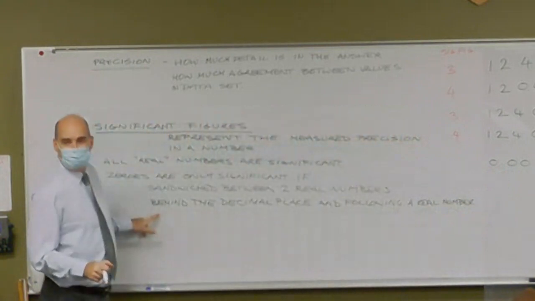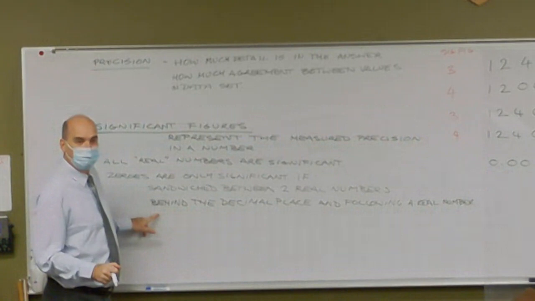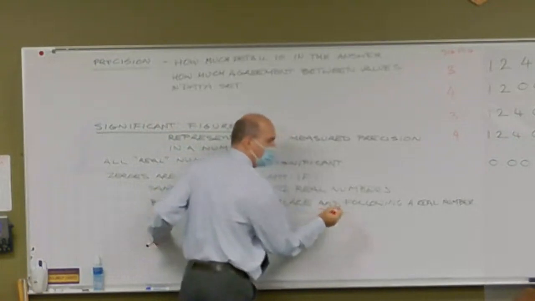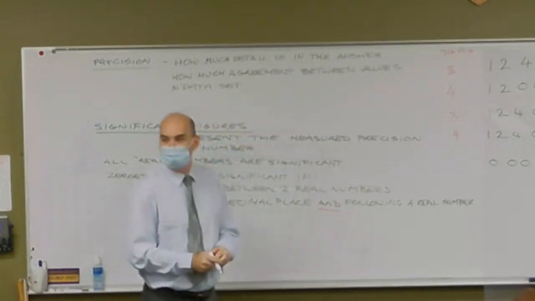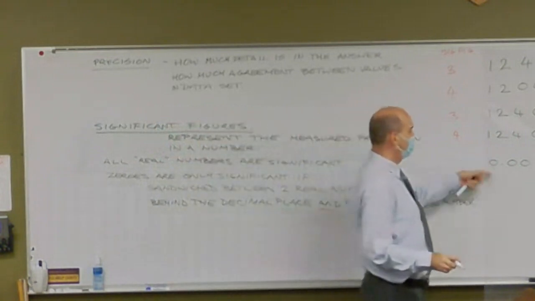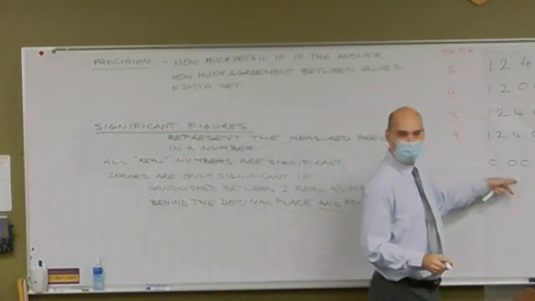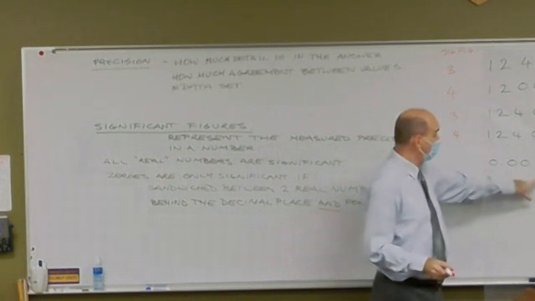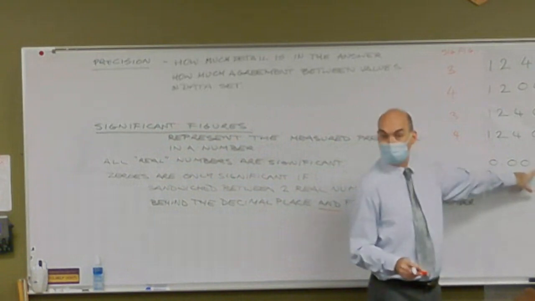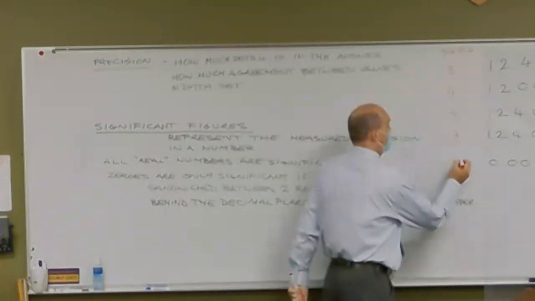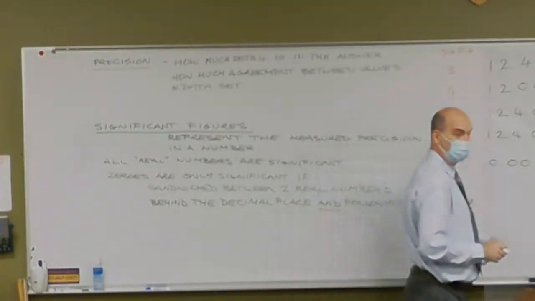Are they behind the decimal place? 2 of them are. Are they behind the decimal place and following a real number? No. Because that's not a significant number, and that's not a significant number, and that's not a significant number. The first real number here is that 1. I have 3 units of precision.